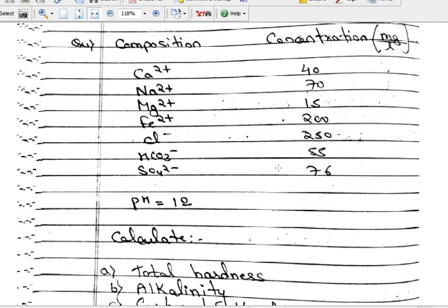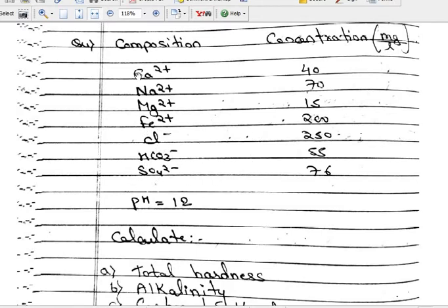Okay, so this is another numerical you can see here. The composition of cations and anions and their corresponding concentrations are given. Calcium ion concentration is given as 40 mg/liter, sodium ion 70, magnesium ion 15, iron is given, chloride is given, bicarbonate and sulfate.